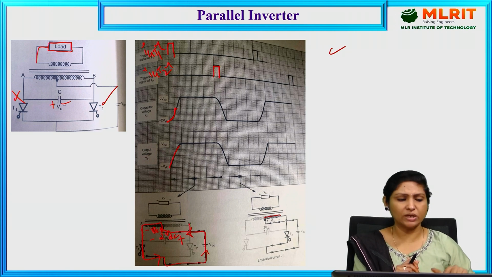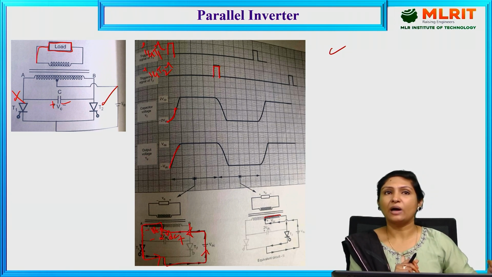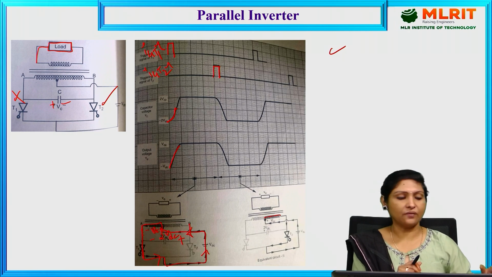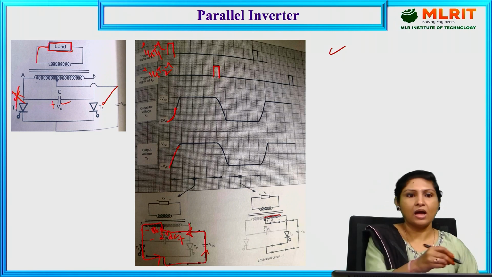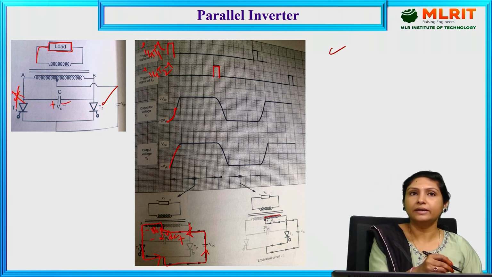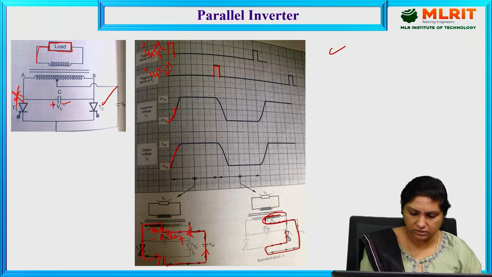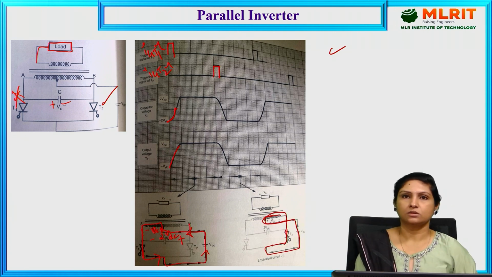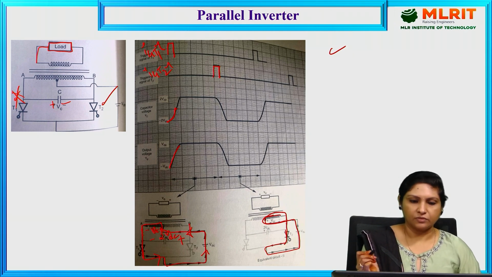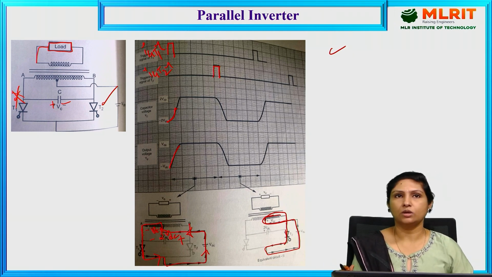Because minus 2 VDC appears across the anode of thyristor 1, it gets turned off, and current flows through T2 alone. So T2 is conducting current through the load in this direction. That is how the parallel inverter works.